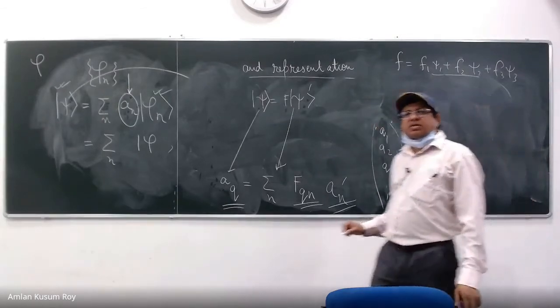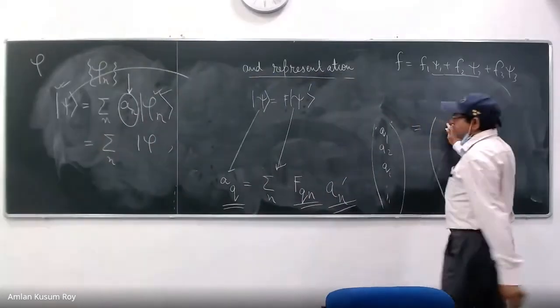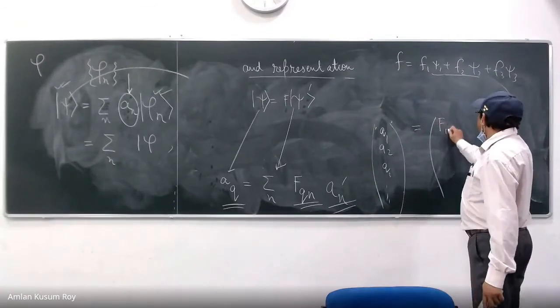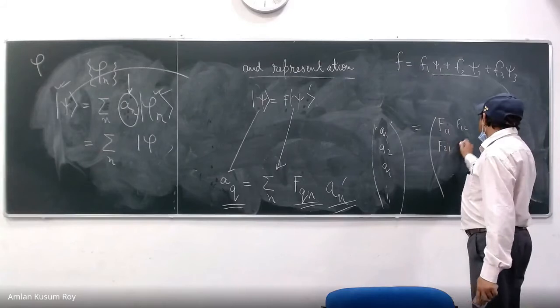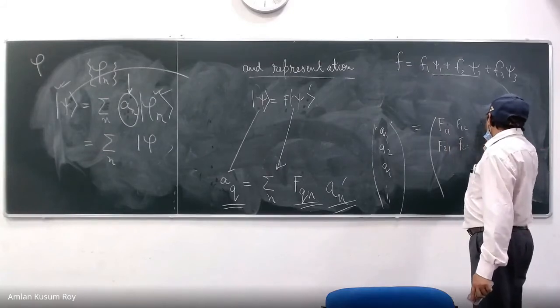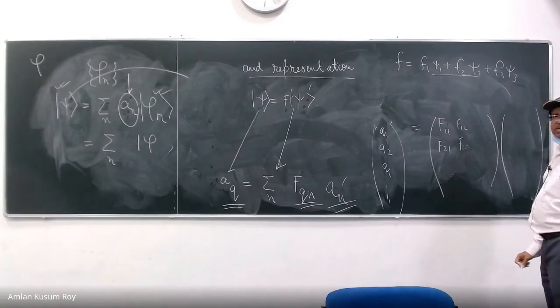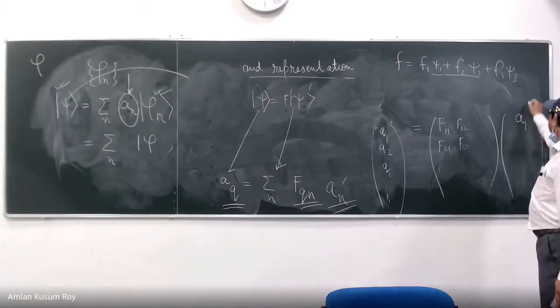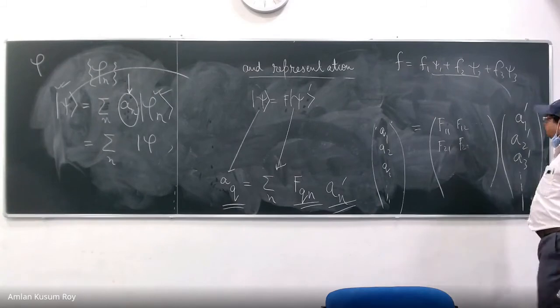It's a square matrix. Very good. So you can write F11, F12, F21, F22. And then what kind of a matrix is this? The column matrix. It will be another column matrix, A1 prime, A2 prime, A3 prime, right?